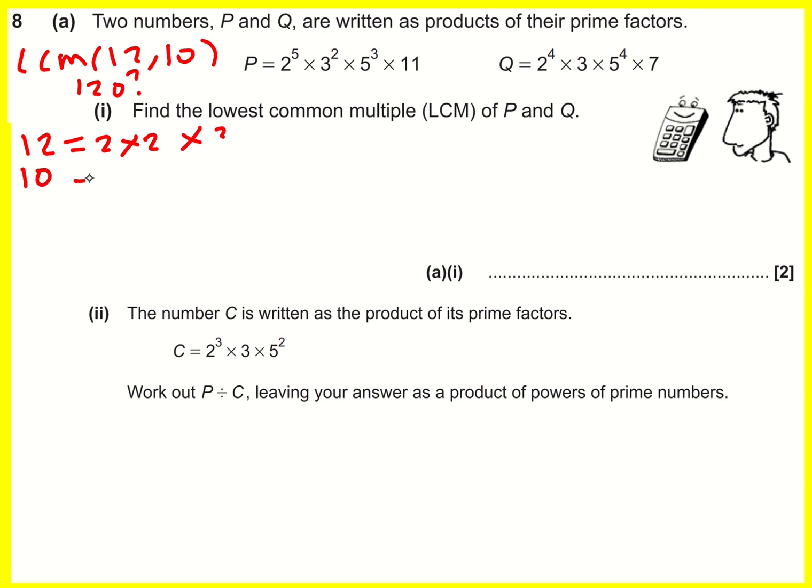And I can write 10 as 2 times 5. Now, a common multiple of these two will have to be in the 4 times table because of the 12 here, and it will have to be in the 2 times table because of this 10 here.